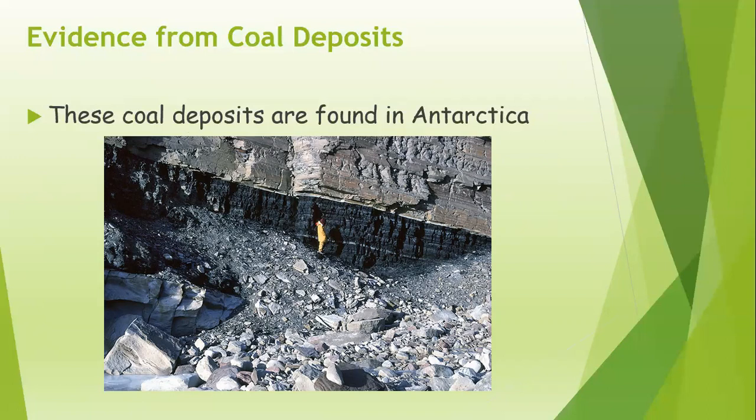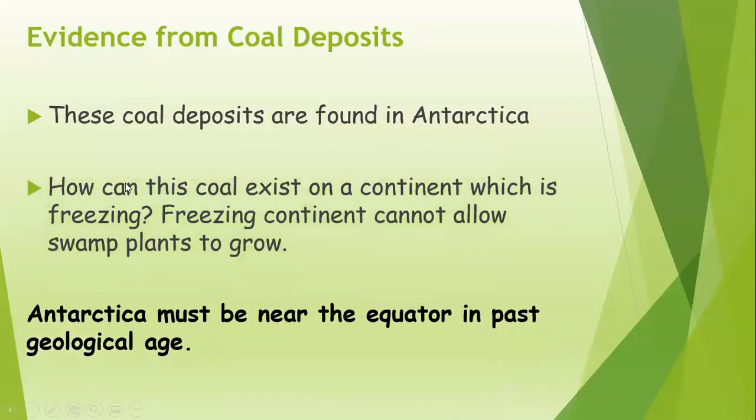What did Wagner argue? How can this coal exist on a continent which is freezing? A freezing continent cannot allow swamp plants to grow, right? So he said that Antarctica must have been near the equator in a past geological age.